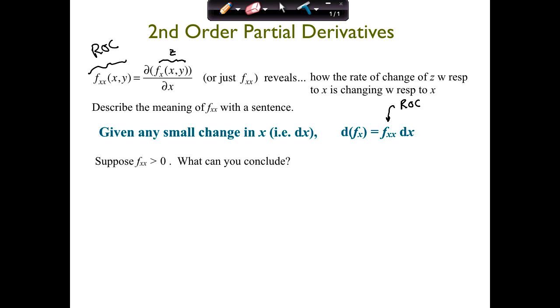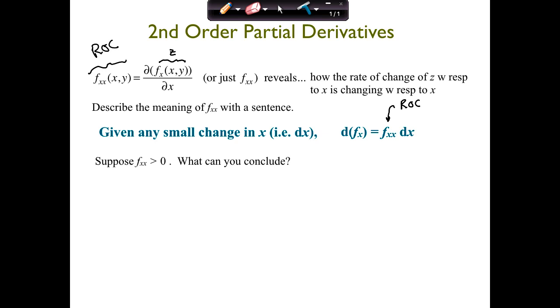So if the second derivative is greater than 0, what can you conclude about what's happening to the first derivative? If this is greater than 0, then what can you say about this product? It's still greater than 0. So how is this changing? Increasing.